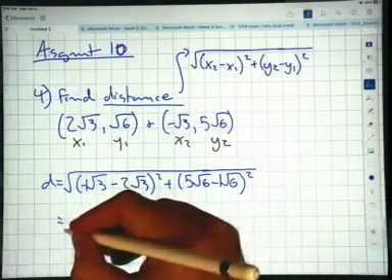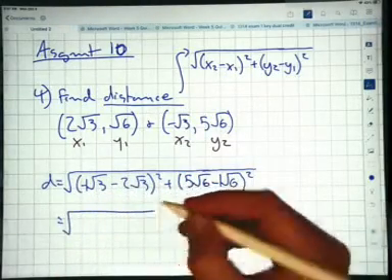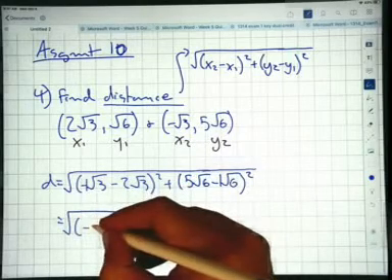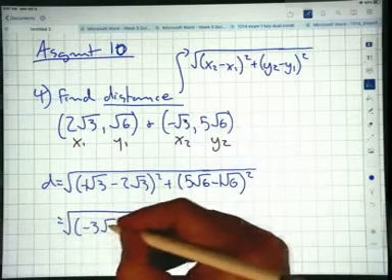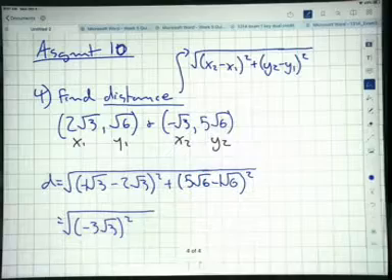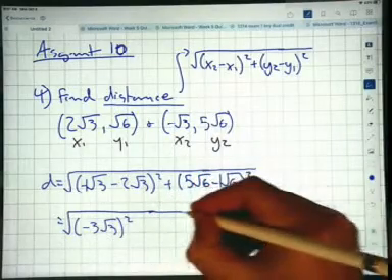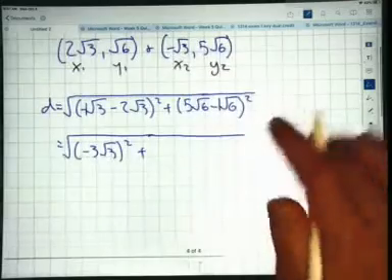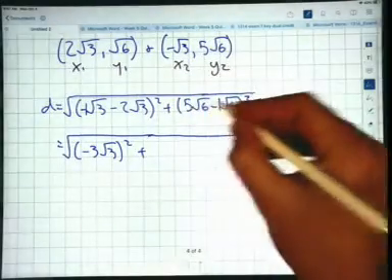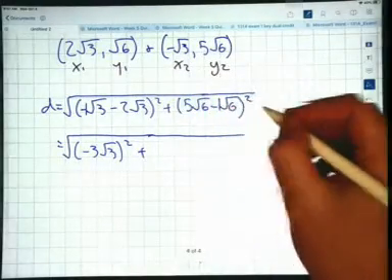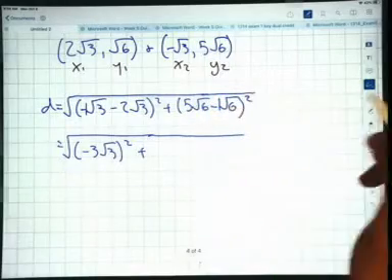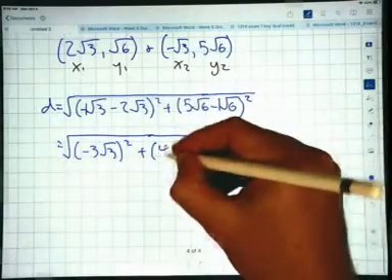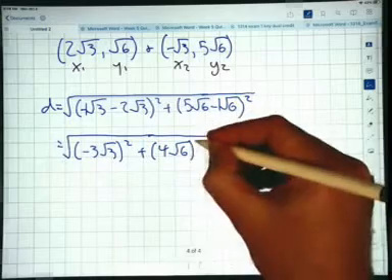Just combine your coefficients together, so negative 1 minus 2 is going to be negative 3 root 3 quantity squared, plus 5 root 6 minus 1 root 6, that's the same thing as 5 minus 1, so that's going to be 4 root 6 quantity squared.